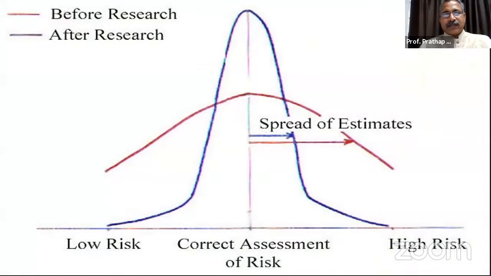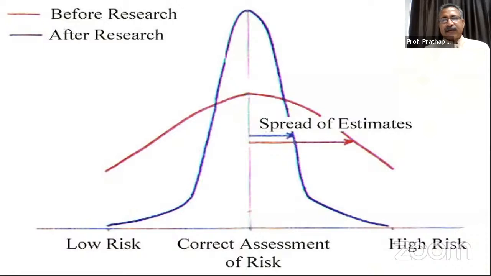This is one slide I always like, because before we actually assess the risk from a contaminant or an additive, you will not know exactly what risk is proposed by that. Therefore, the orange or the purple line here, you will see that the risk is just diffused.